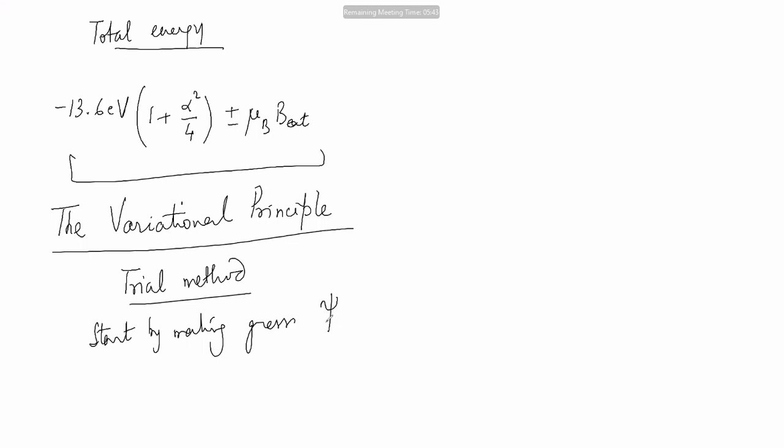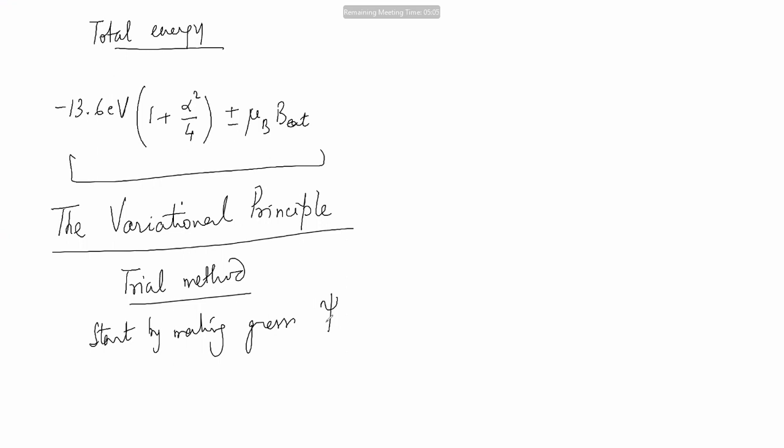Therefore, this is an approximation method where you want to obtain the ground state energy for a system described by a Hamiltonian H, and we are unable to solve the time independent Schrodinger equation. Then this method tells you to guess the wave function and obtain an upper bound for the ground state energy.